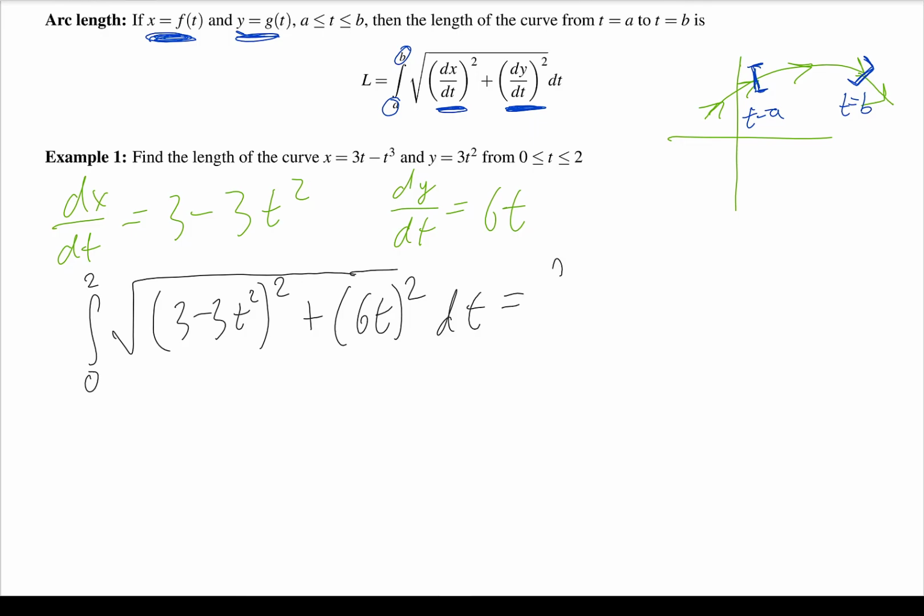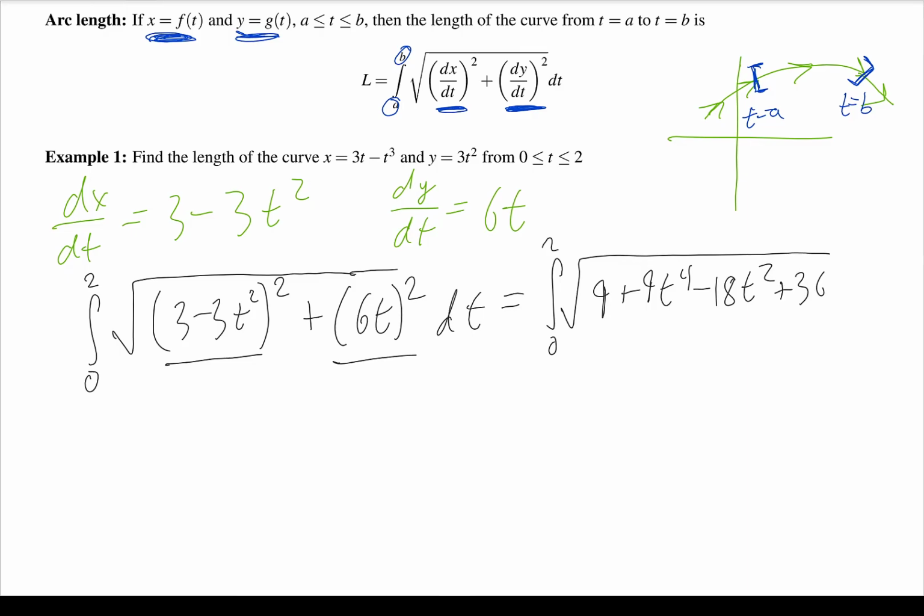So then this will be the integral from 0 to 2, square root of, squaring this out, or FOILing it out, we would get 9 plus 9t to the 4th minus 18t squared. And then squaring this, we would get plus 36t squared, dt.